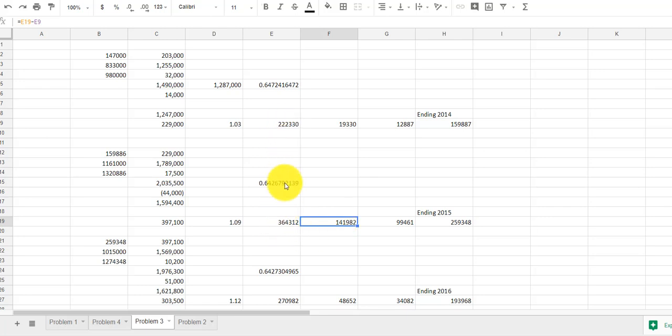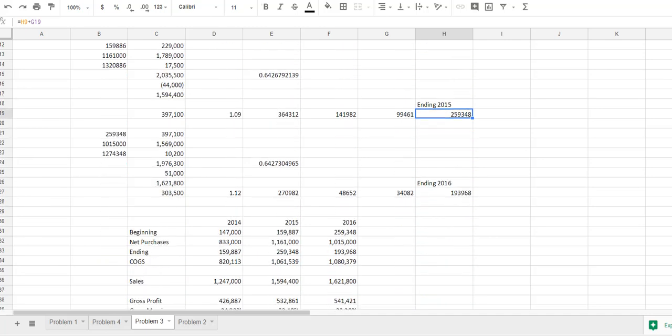This difference between the 2 years is going to be then multiplied by the cost percentage we got and the inflation factor, right, to get the 99,461. We add that to last year's inventory, and we're up to 259.